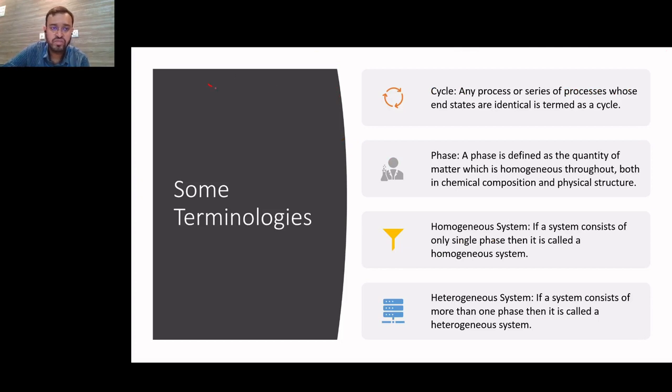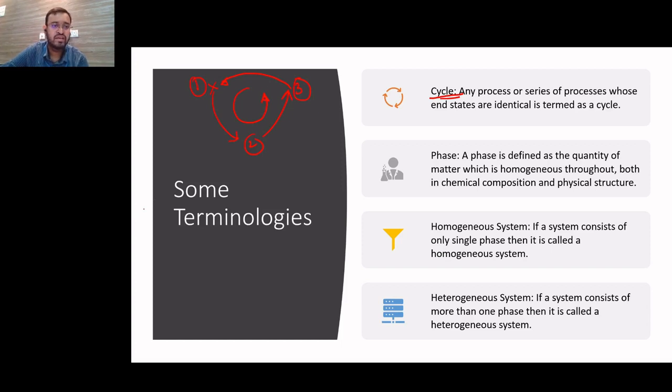Okay. Now, if you have a series of paths, and they go from, say, state 1 to state 2 to state 3 and back to state 1, we come across something called a cycle. So a cycle is defined as any process or series of processes whose end states are identical to the initial state. Okay, so this is an example of a cycle.